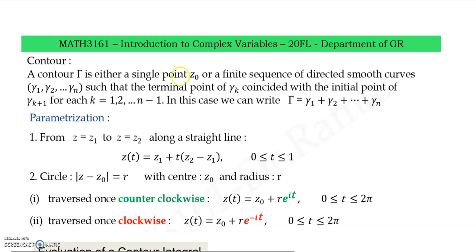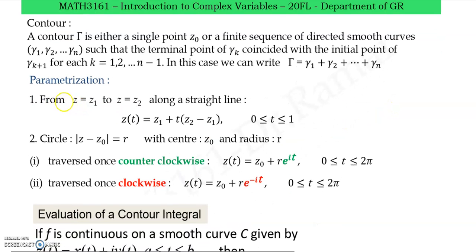This may be a single point z0 or a smooth directed curve gamma 1. Sometimes a contour capital gamma is gamma 1, gamma 2, etc., gamma n. That's why we write the contour as the summation of gamma 1, gamma 2, etc., gamma n. Okay.